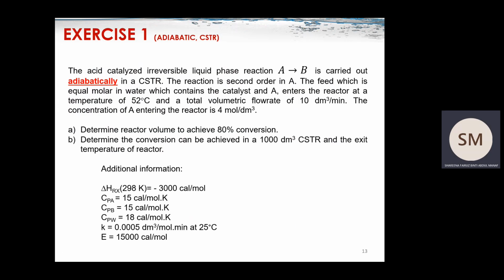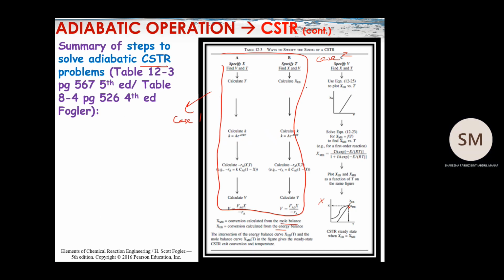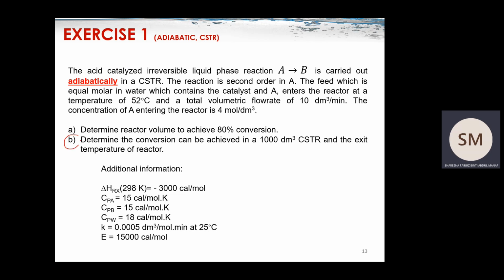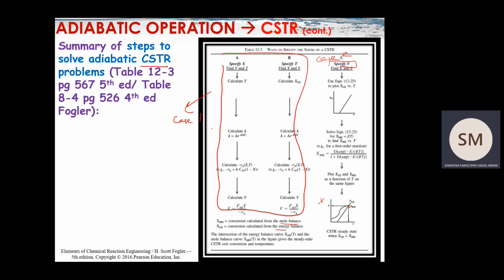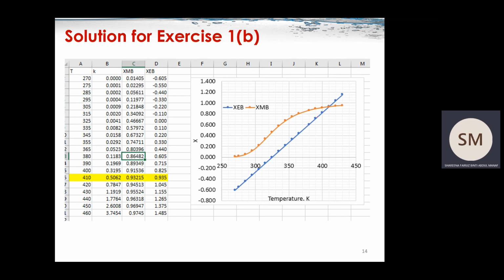Okay, so for example, in this exercise, okay, A to B and so on. Okay, so this is for case 2 whereby the volume is given. Okay, case 2 lah, so volume dah baru beri. Okay, look at this one lah, B. Okay, sekarang konsep pada B. Okay, so once the volume is given, alright, so you can follow these steps in order for you to generate this curve. Okay, so try to get the intersection here. Okay, kalau katakan tak dapat juga, you kena turunkan dia ke bawah lagi temperature.